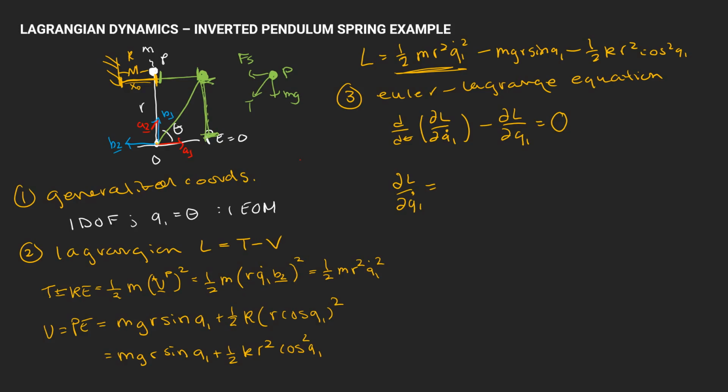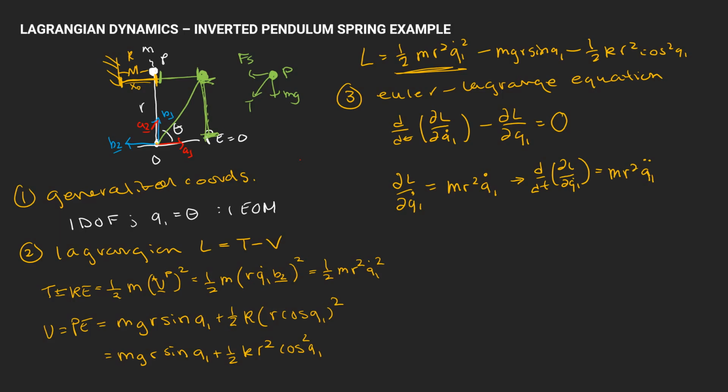So if we take the partial derivative of that term, we end up with mr squared q1 dot. And if we take the time derivative of that, so if we calculate this component of our Euler-Lagrange equation, this ends up equaling mr squared q1 double dot.